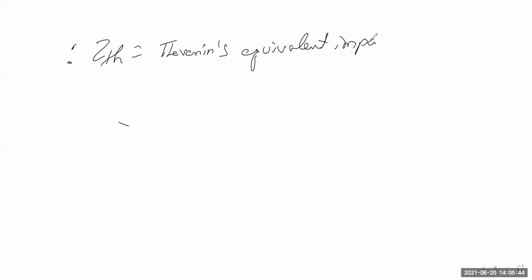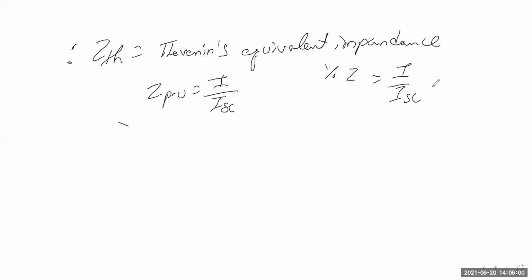Now, in that, your ZTH is the Thevenin's equivalent impedance, and Z per unit we know is I by ISC. So percentage Z would be I by ISC into 100.